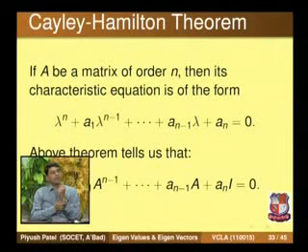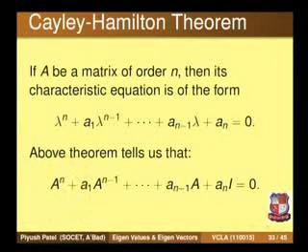That is, if A is a matrix of order n, then its characteristic equation is of the form lambda to the power n plus a1 lambda to the power n minus 1 up to an, the constant term, is equal to 0. That is a polynomial in lambda of degree n.